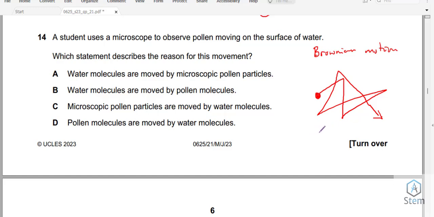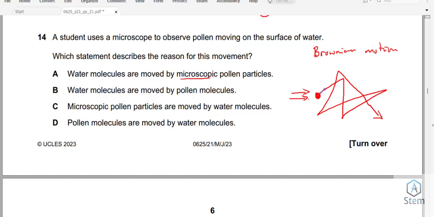It has life, it is moving. But the truth cannot be further away. What is actually happening is this pollen particle is being bombarded by water molecules, which we are not seeing. They are microscopic. We cannot see the water molecules even using some of our lab microscopes.